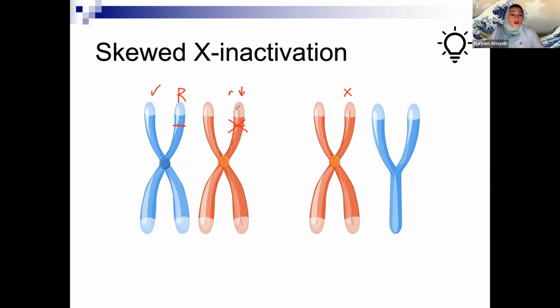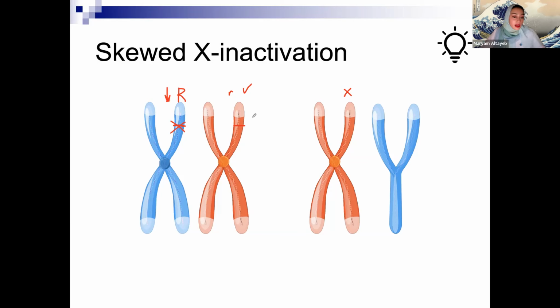So this is the scenario here, but let's say it goes the other way around. Let's say for some reason my good X chromosome was inactivated. So I have less of my normal. And so I get milder manifestations of the disease.